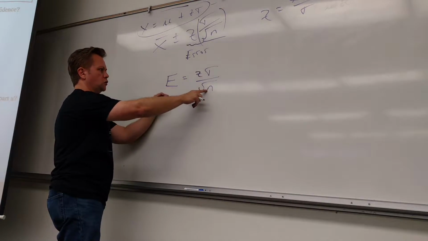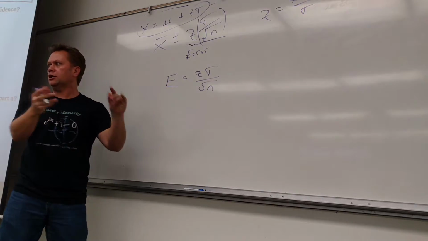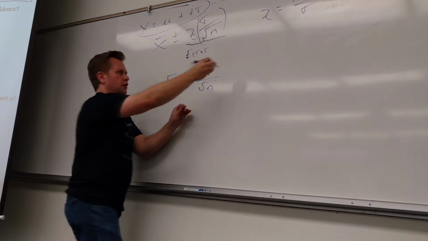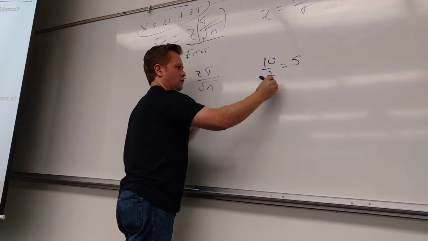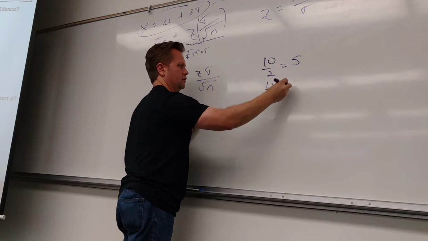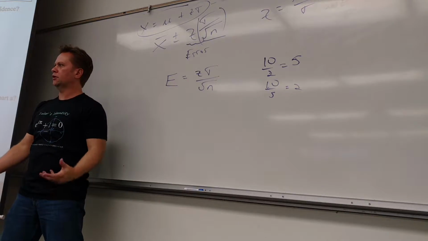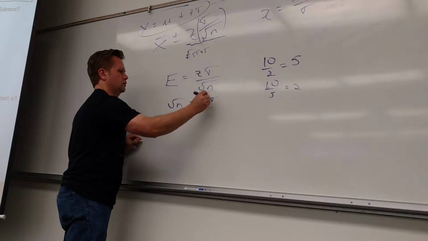What I would do is multiply root n up, and then you'd also divide e down. So the one cool thing about algebra to get is you can just switch these. Right? Because what is 10 divided by 2? 5. And what is 10 divided by 5? 2. Those just switch. Why? Because that's how numbers work. So I can just switch these. Bam! Square root of n equals z sigma over e.